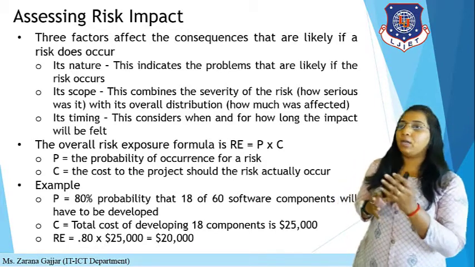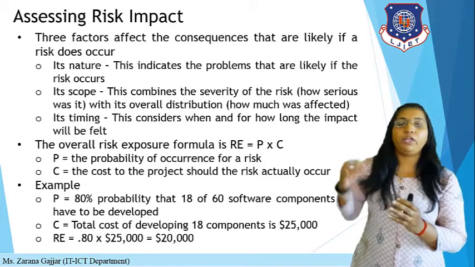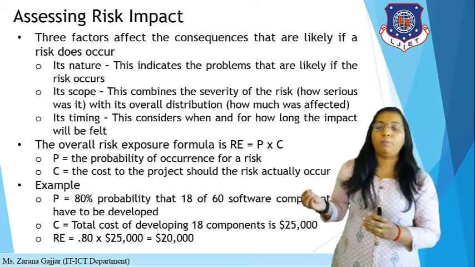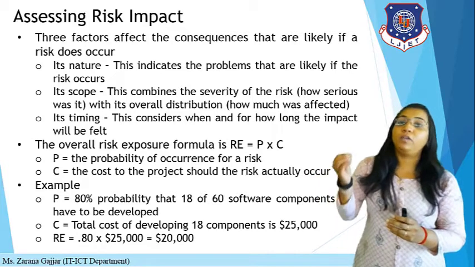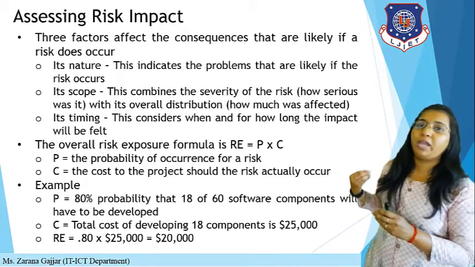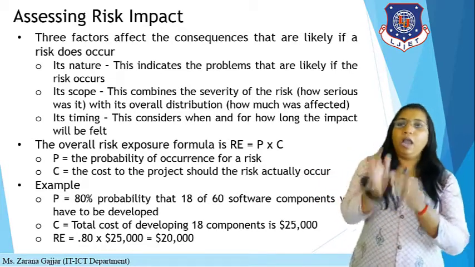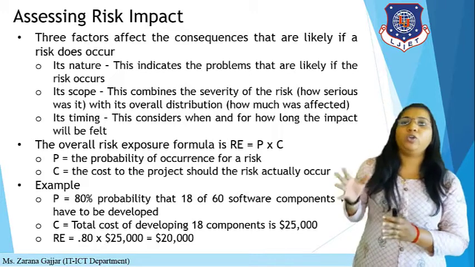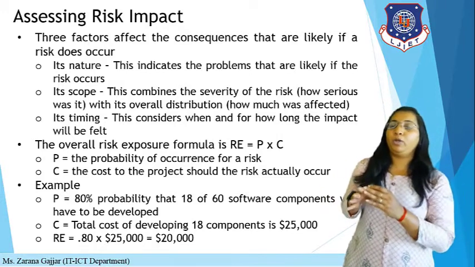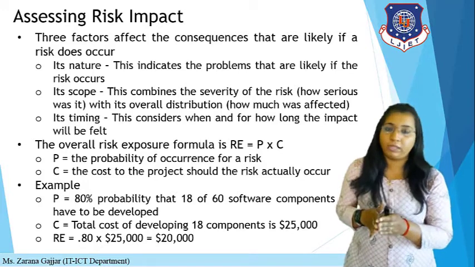For example, if you have a probability of 80% that 18 software components will have to be developed, the total cost for 18 components is given as $25,000.